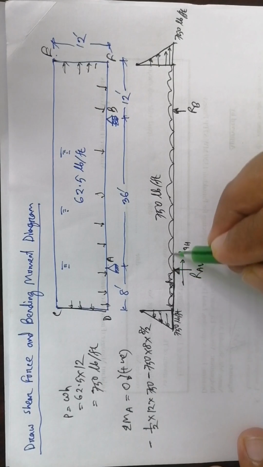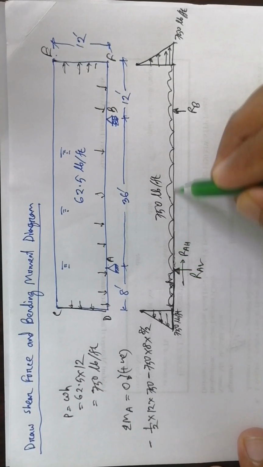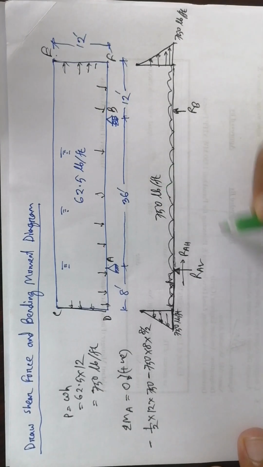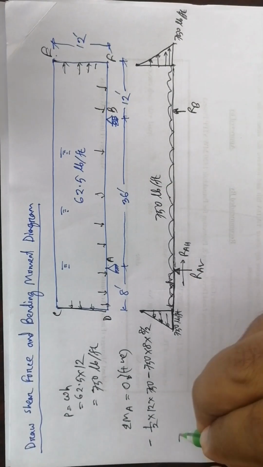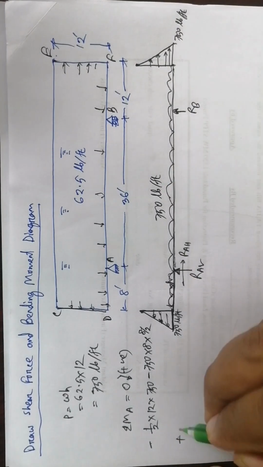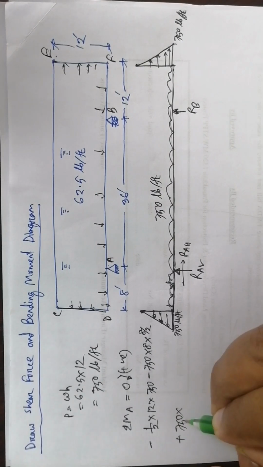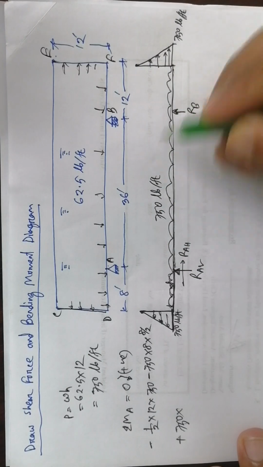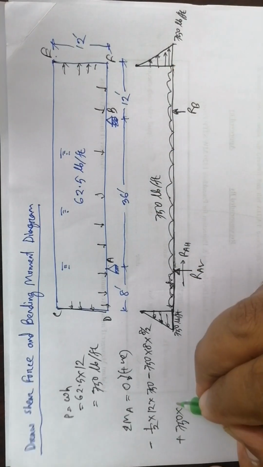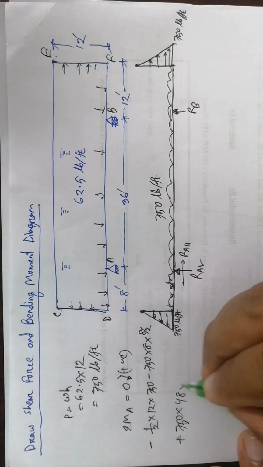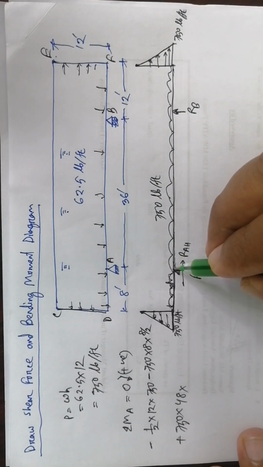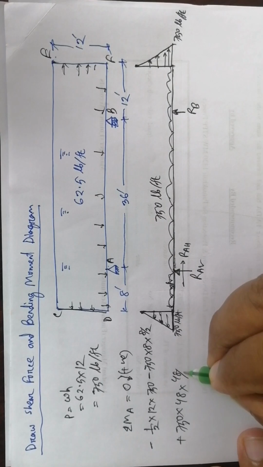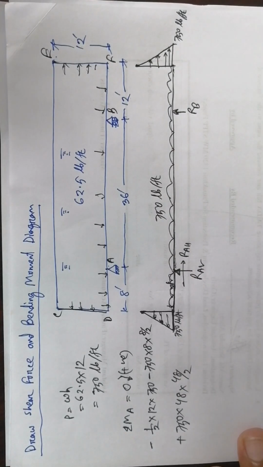Now the distributed load of this section is acting clockwise, so this is positive. So force 750 distributed throughout this length 36 plus 12, 48, acting at half the distance, the middle of the 48, divided by 2.